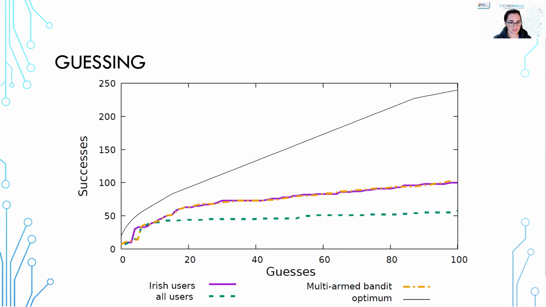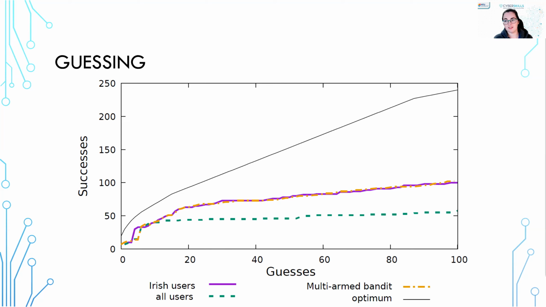So then what we do is we see whether this also will improve guessing. And what I've plotted here is the multi-armed bandit, which is the yellow line. If we just guessed using all those Irish users, it's the purple line. And I mentioned that we took all the Irish users with the .ie email addresses out to make the Irish users dictionary.